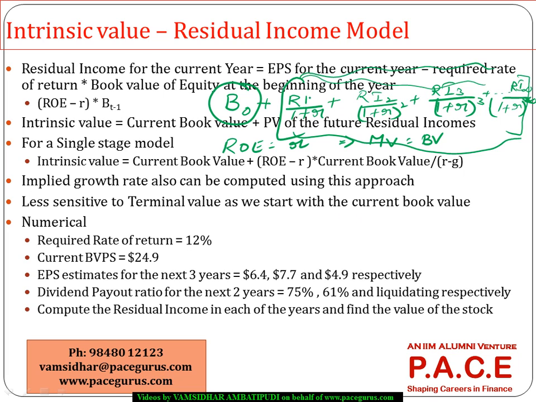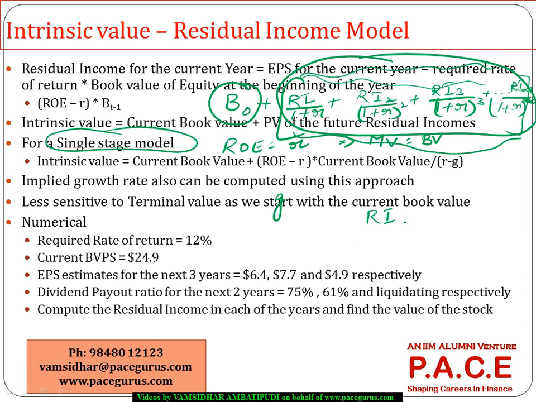If I am assuming that Ri is going to be constant forever, or growing at a constant rate G, that is a single stage growth model, the Gordon growth model. Assume that the future Ris are going to grow at a constant rate G. Then the present value of all these things will directly become Ri1 divided by R minus G.